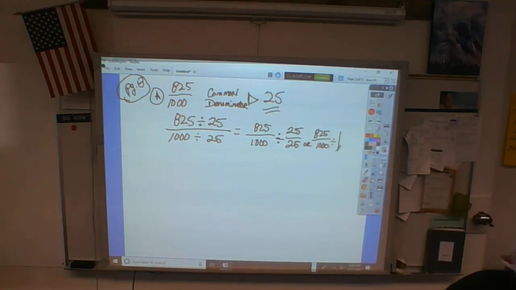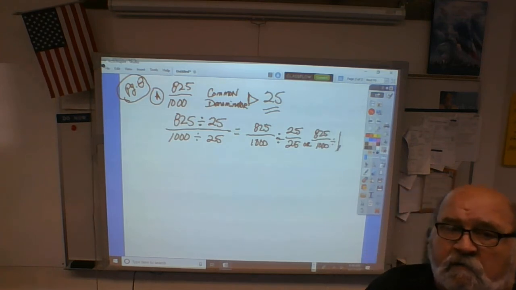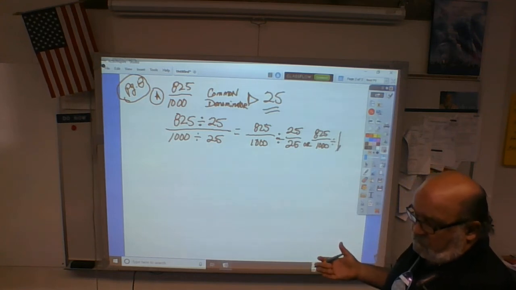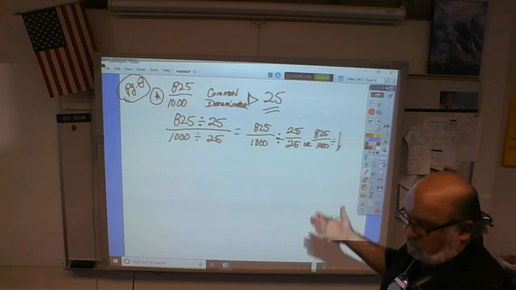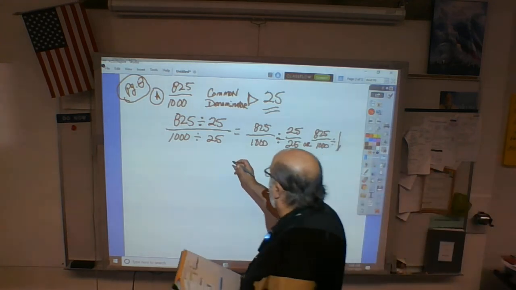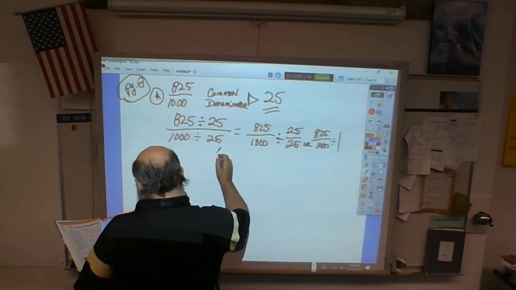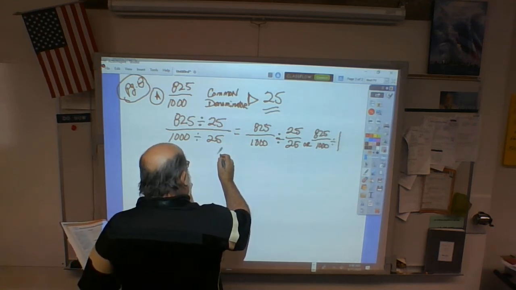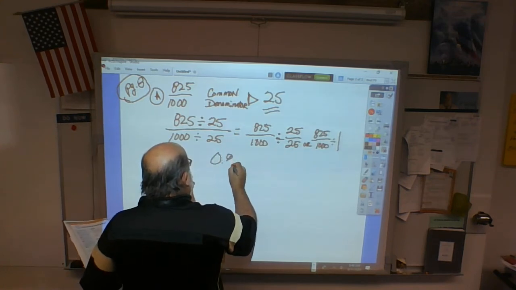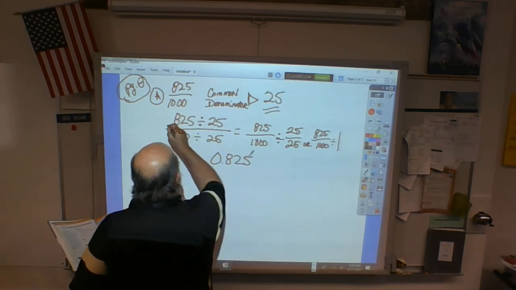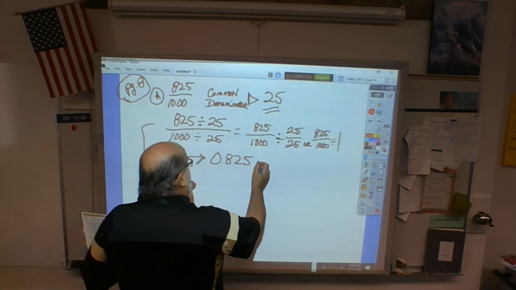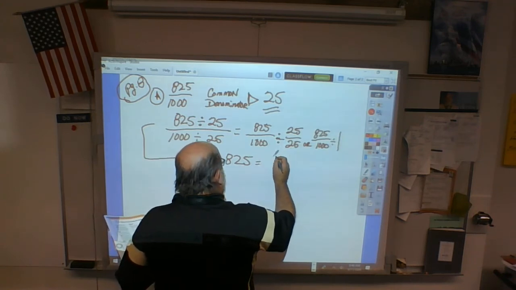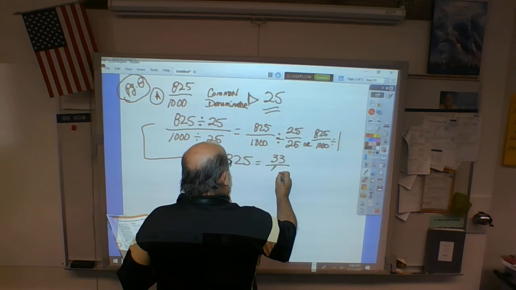The numbers will change, the value will stay, is what we're going to reduce. So we're reducing the value of the top and the bottom. And if we do that in an intelligent fashion, just like I'm describing here, we will find that 825 thousandths, let's write that as a decimal, is equal to 33 40ths.